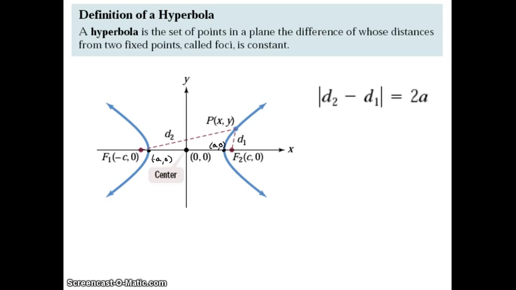So, in other words, what they're telling us here is that if we go from the focus to a point on the hyperbola, to the other focus point, then if we subtract those two distances and take the absolute value of them, we will end up with 2 times a. A is the distance from the center of the hyperbola to the vertex.